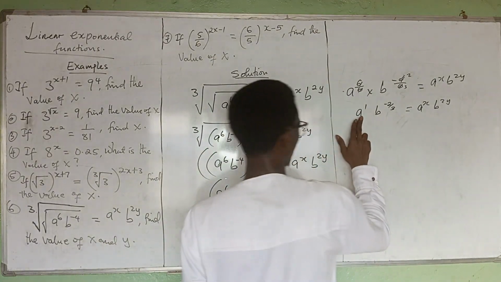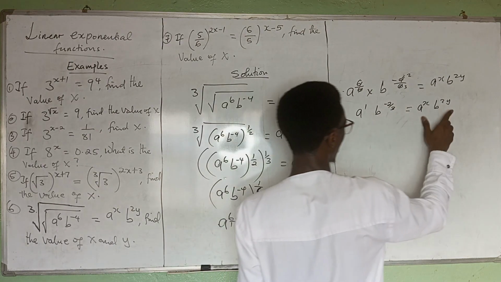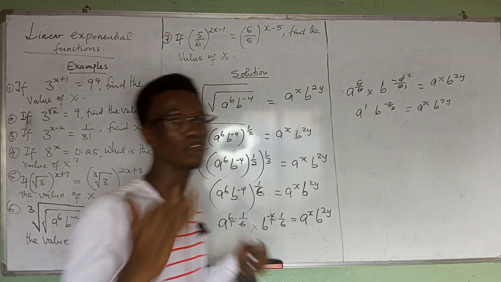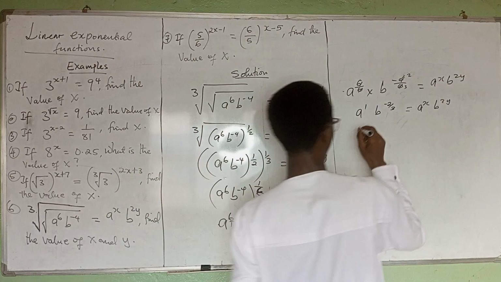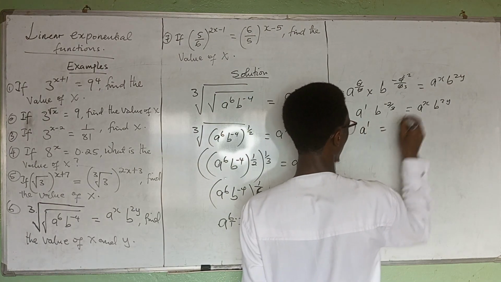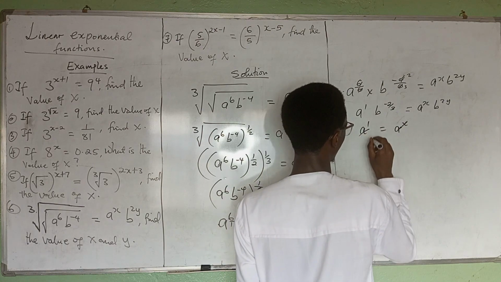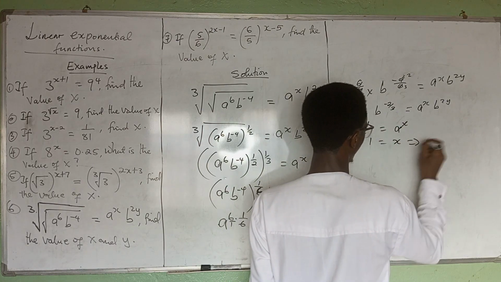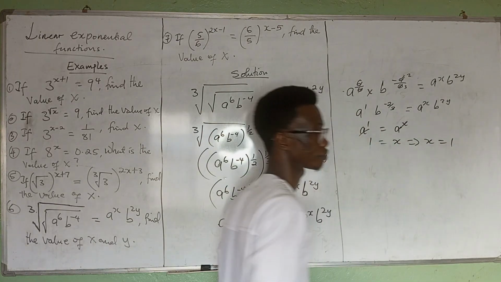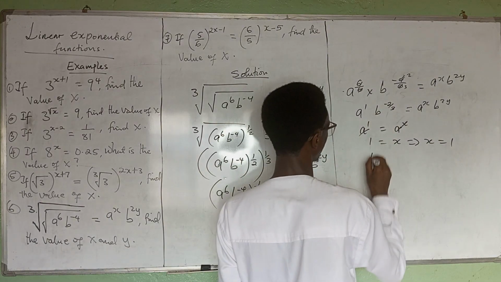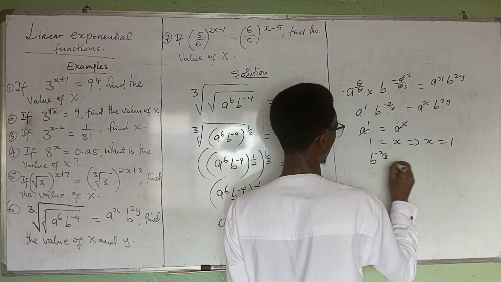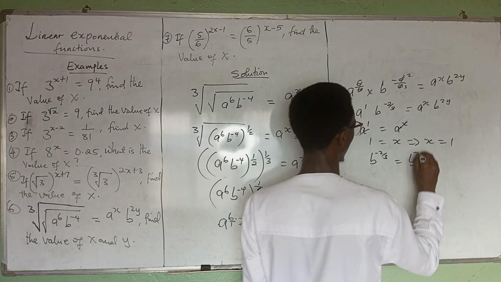Here you can see that we have a, b, we have a, b. So you compare the same numbers. Meaning a to the power 1 equals a to the power x, so this and this cancel, so 1 becomes x, therefore your x becomes 1, which is the answer. And b to the power minus 2 over 3 equals b to the power 2y.